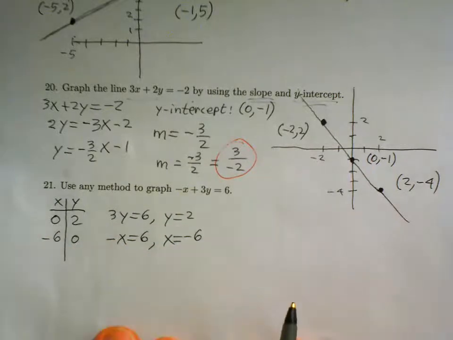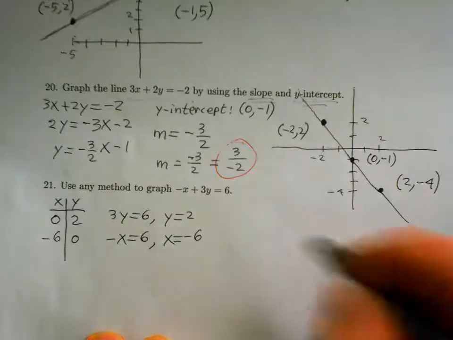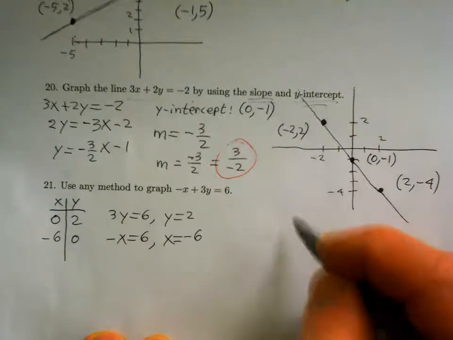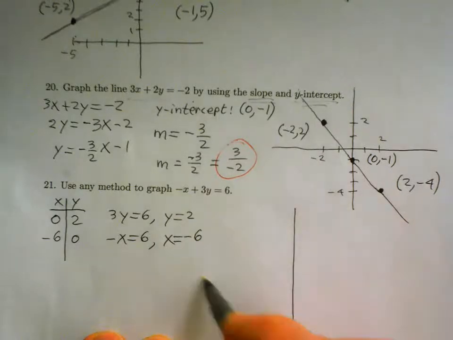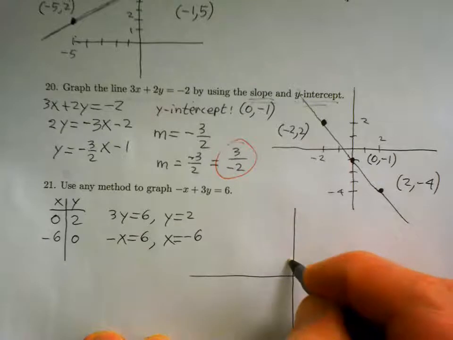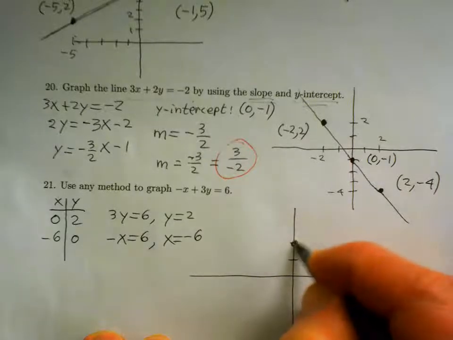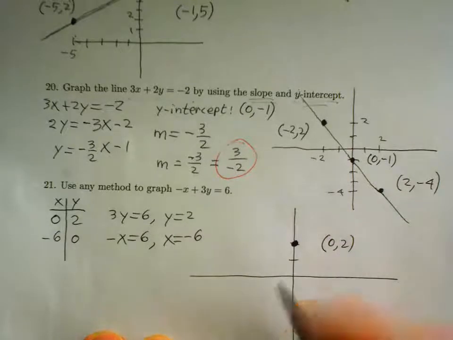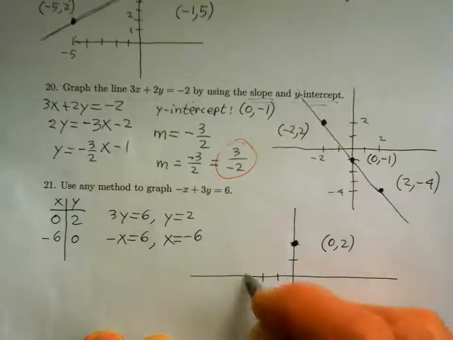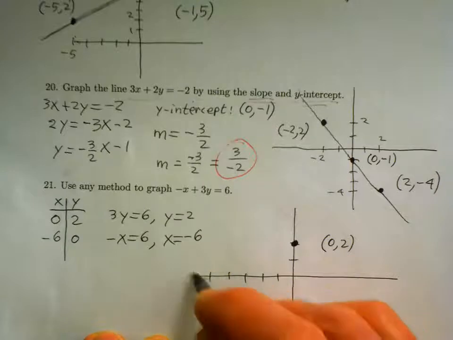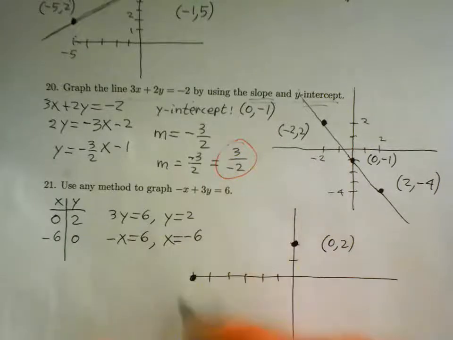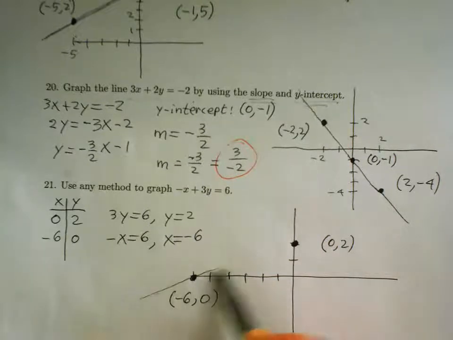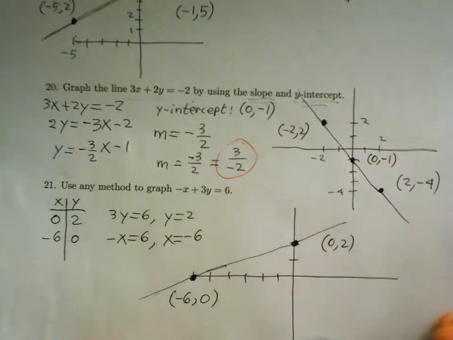And then we can plot those ordered pairs. Okay, 0, 2. And negative 6, 0. Okay, that's one way to do it.